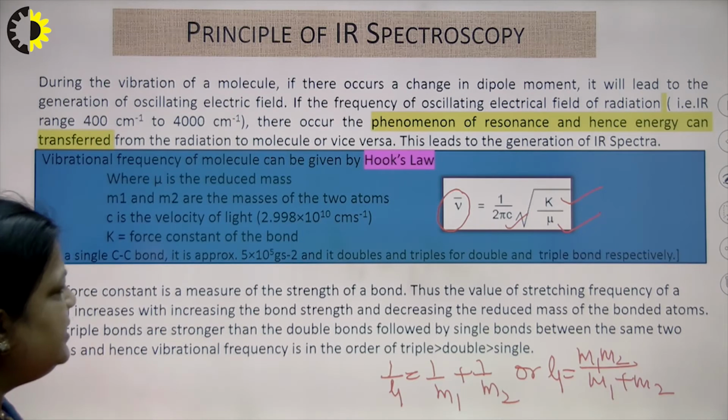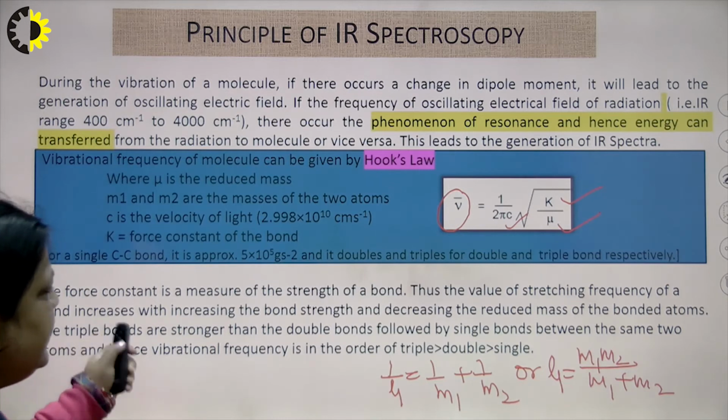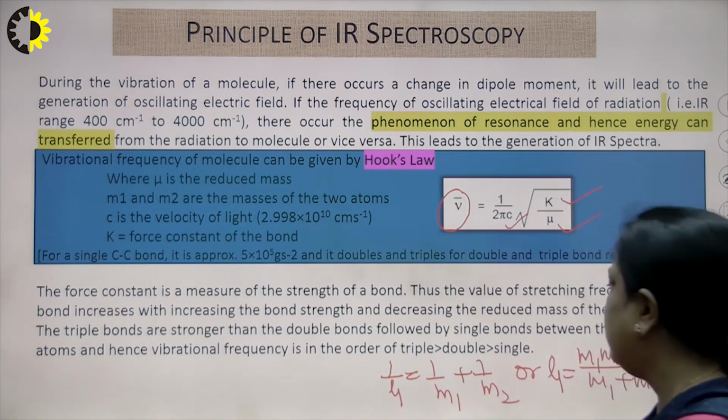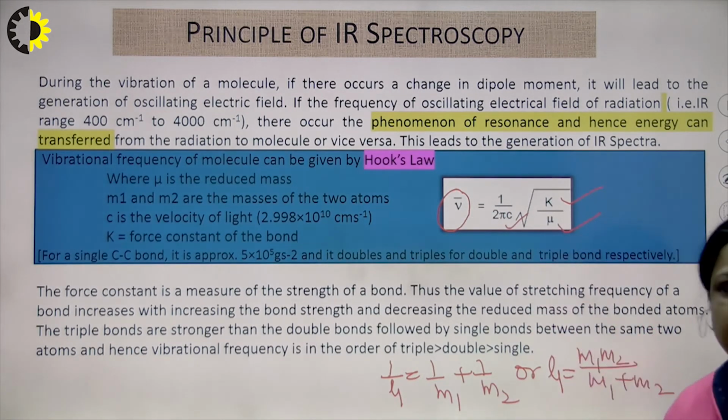The force constant is a measure of the strength of the bond. Thus, the stretching frequency of a bond increases with increasing bond strength and decreases with the reduced mass of the bonded atoms. Nu bar is directly proportional to k and inversely proportional to mu. Since triple bonds are stronger than double bonds, the IR frequency will also be high.